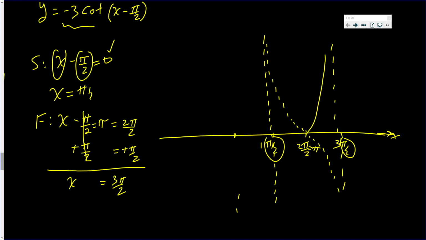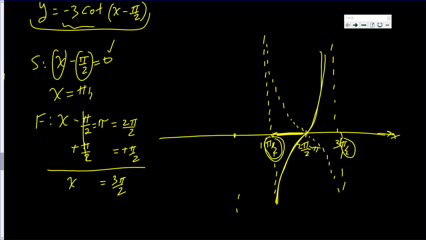So we just draw it that way. That is what's in yellow. That is the graph y equals -3 cotangent of x minus pi over 2. The 3 does not matter. The negative does. Now, this distance is half for pi.